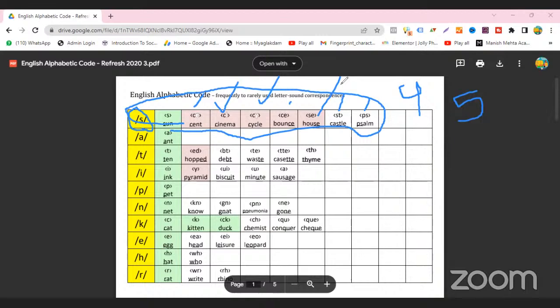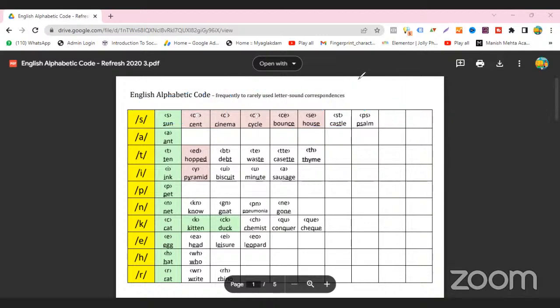So this is actually even more helpful for the children rather than learning so many spelling rules. Sunny went to cinema with his favorite scent bouncing on the cycle. Very good. Very good. Very good, Nidhi. If I have missed anyone's sentence, then you can write it again or just raise your hand.